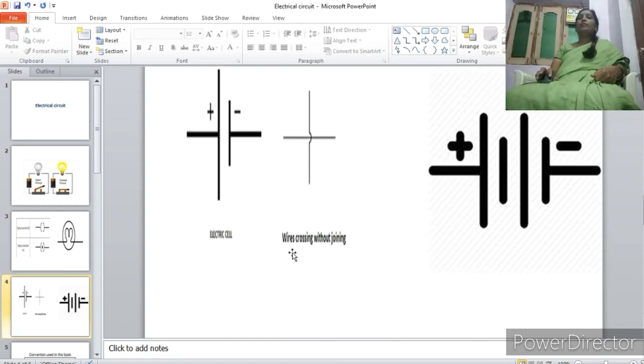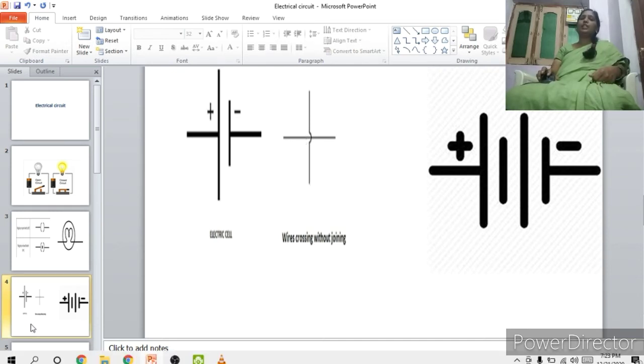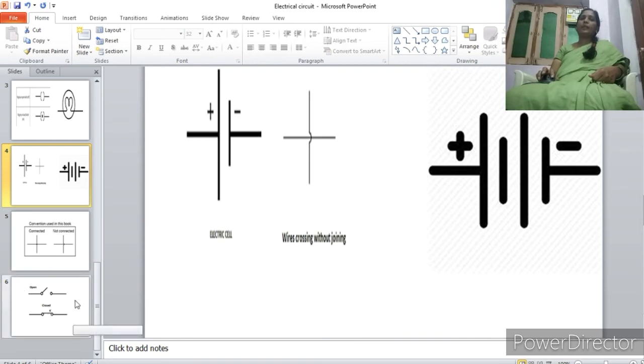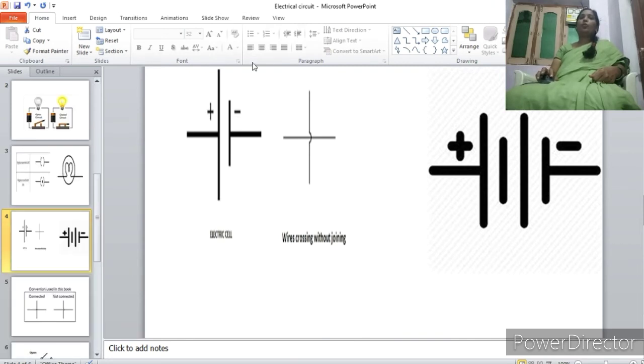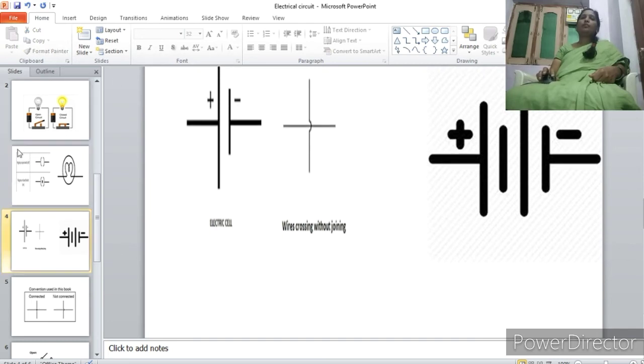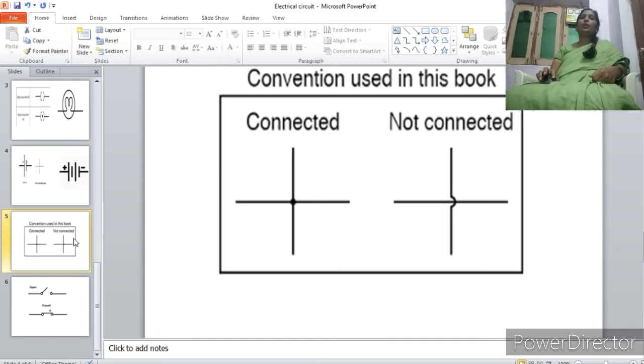And here, when wires are crossing without any joining, just like this it will be. Some crossing will be there. This shows the wires are crossing each other. This is the symbol for crossing. So now we'll see the symbol of when the conducting wires are connected.